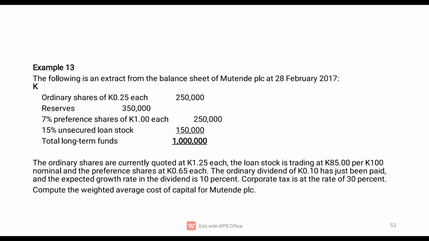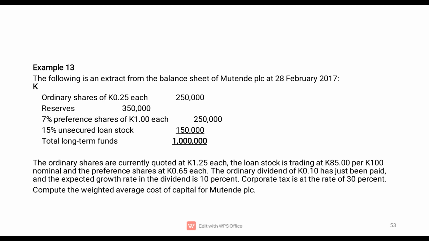The reserves of this company are 350,000. And there are 7% preference shares of the value 1 kwacha each, and the total of the preference shares is 250,000. The 15% unsecured loan stock, which is a debt, is given as 150,000. So the total long-term fund is given as 1 million.